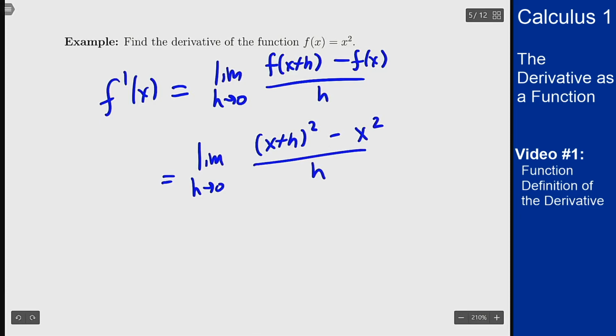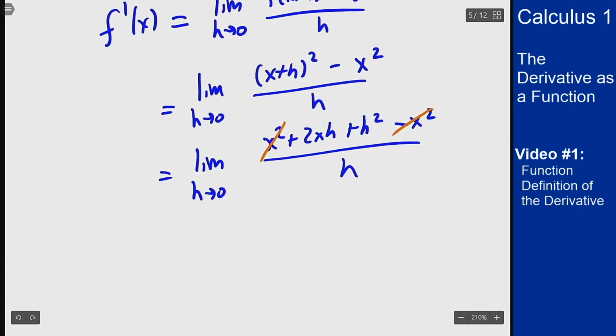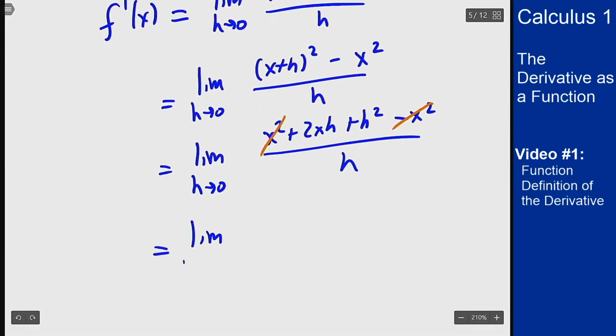I can expand out that binomial there to get x squared plus 2xh plus h squared minus x squared over h. The x squareds will cancel, leaving me with limit as h goes to 0 of 2xh plus h squared over h.